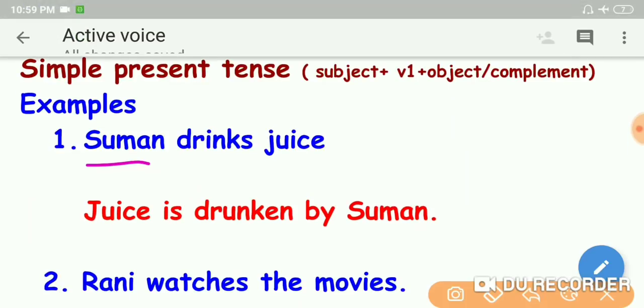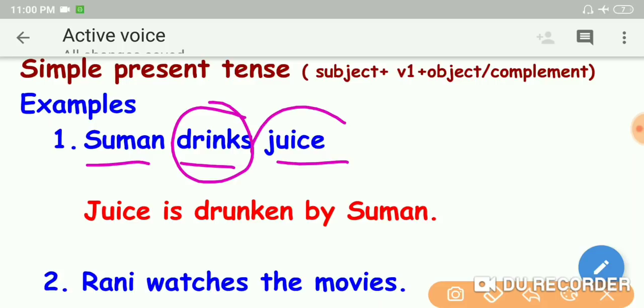Here, Suman drinks juice. Here drinks is a transitive verb. This can be converted from active into passive. How can you say it is a transitive verb? Because if I underline juice and frame a WH question, it answers the question, what does Suman drink? That's why this is a transitive verb.